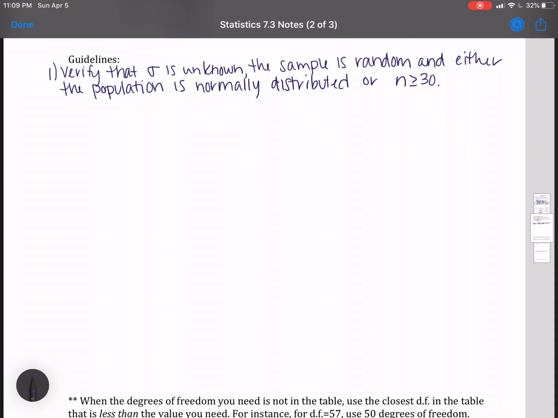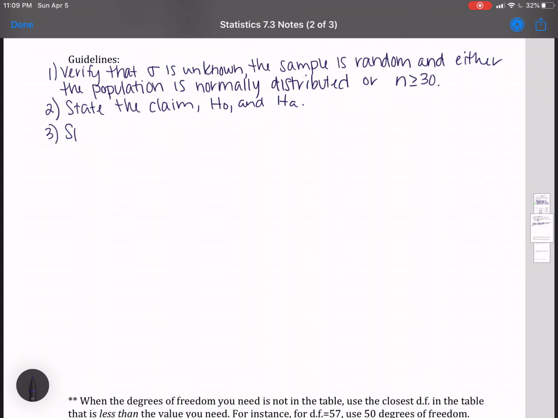Step 2, we're going to state the claim, the null hypothesis, and the alternative hypothesis. Those are going to be the same process as what we did last section.